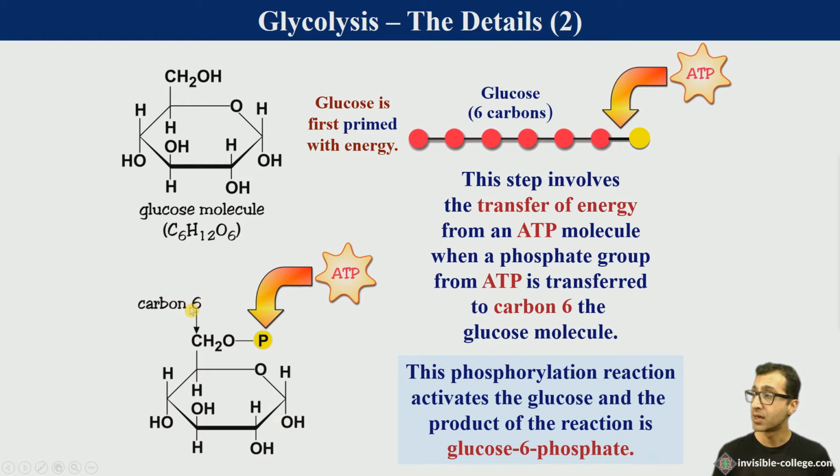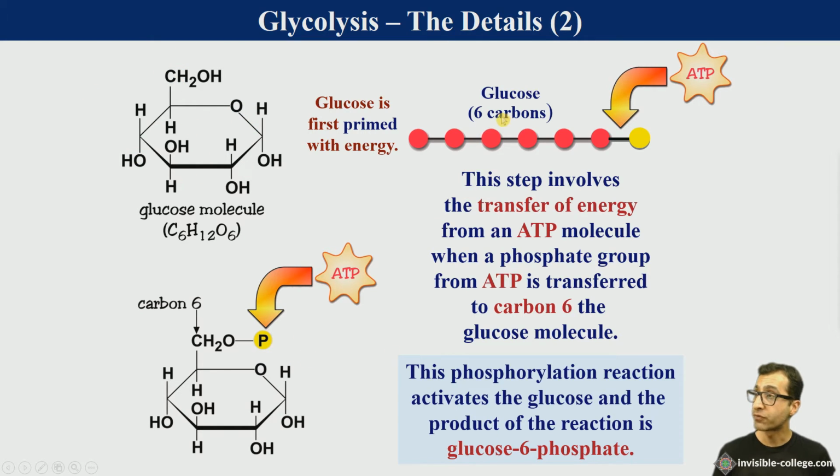Now again, the 6 in this name refers to the position of the phosphate group on the carbon chain which makes up this molecule. By convention, this is carbon 1, carbon 2, carbon 3, carbon 4, carbon 5 and carbon 6. Carbon 6 is the carbon which is outside of the 6-membered ring in the glucose molecule.